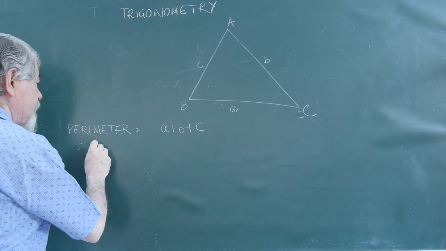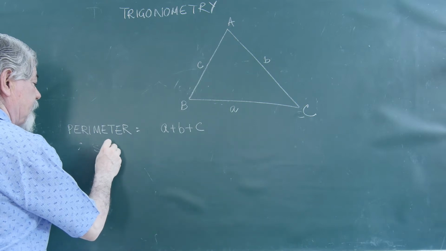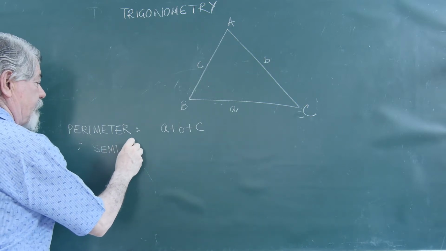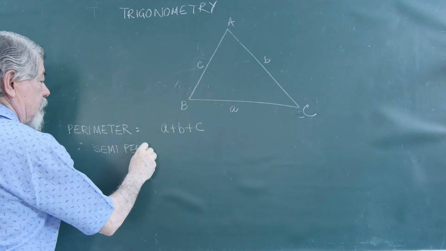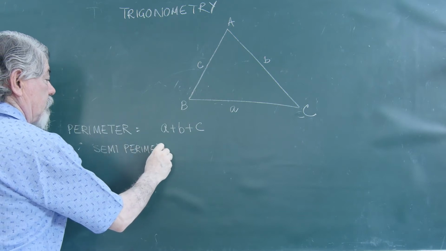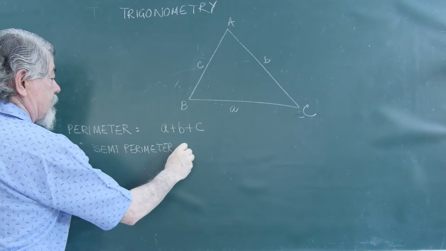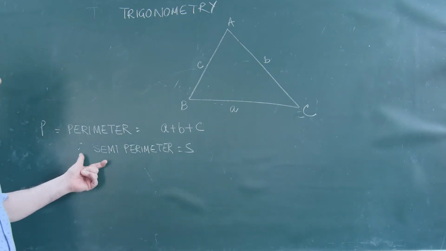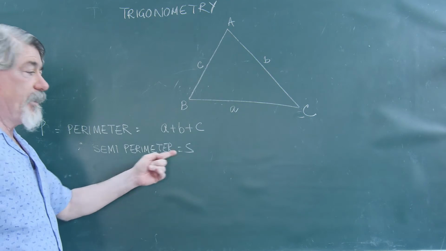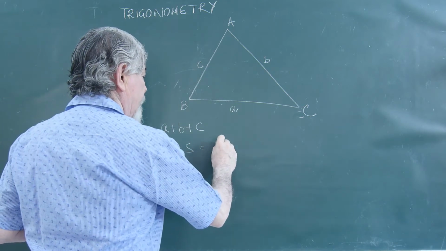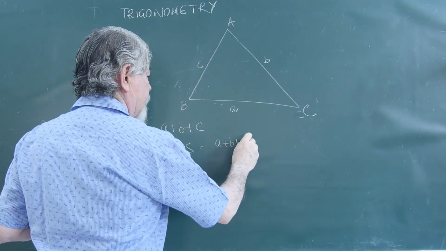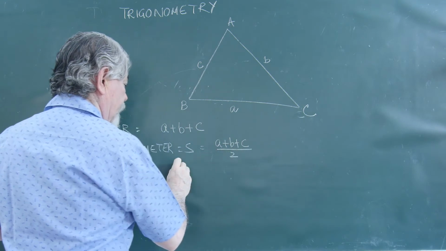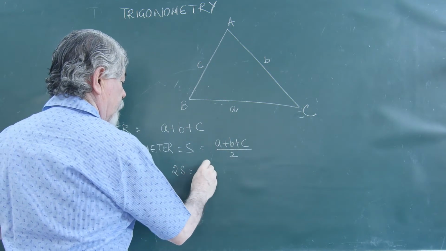But I'm interested in semi-perimeter, which is S. This you can mark with P for perimeter, and semi-perimeter is represented by S, which is half of the perimeter, a plus b plus c upon 2, or we can say 2S is equal to a plus b plus c.